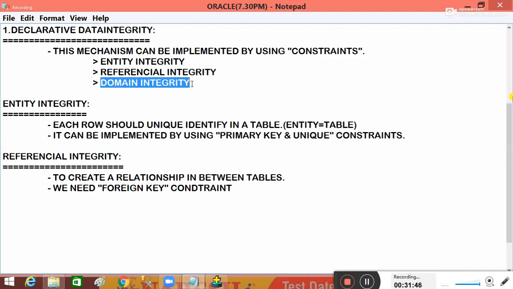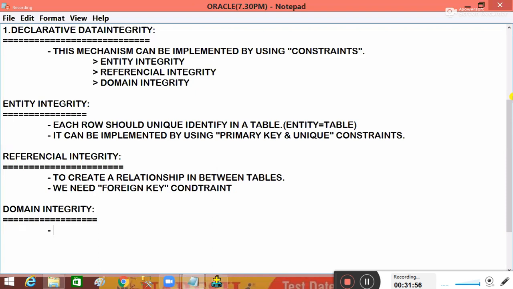Domain integrity is the next one. What does domain integrity mean? Domain is nothing but a column. Whenever we are inserting values into a particular column, I need to check whether the value is valid or invalid.